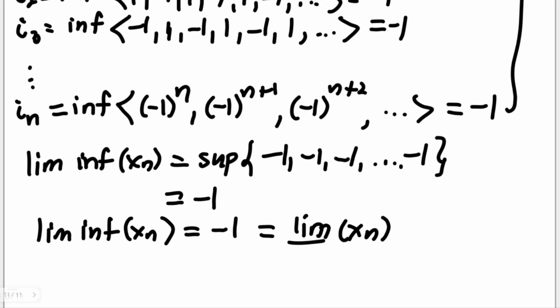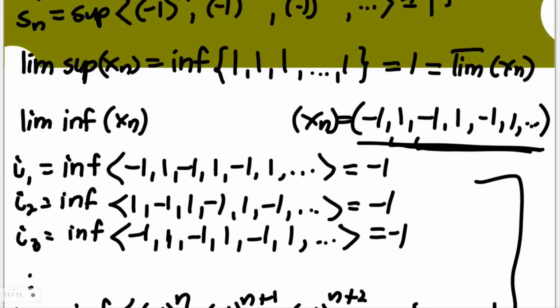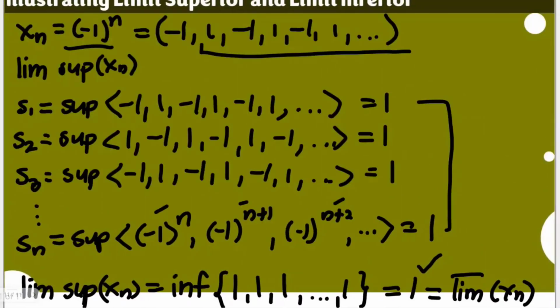We can see here that the limit inferior is negative 1 and the limit superior is positive 1. They are not equal to one another. Unlike the previous example, please view that example as well, where both have the same value. So this has implication to convergence later on.